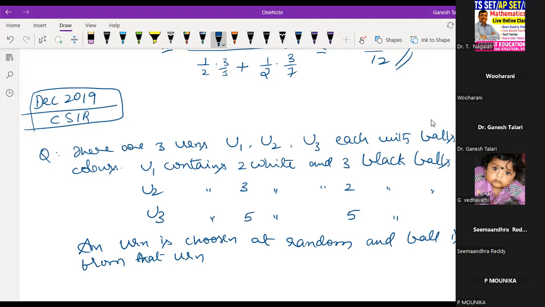From chosen that urn at random. It is also chosen at random only. Okay.